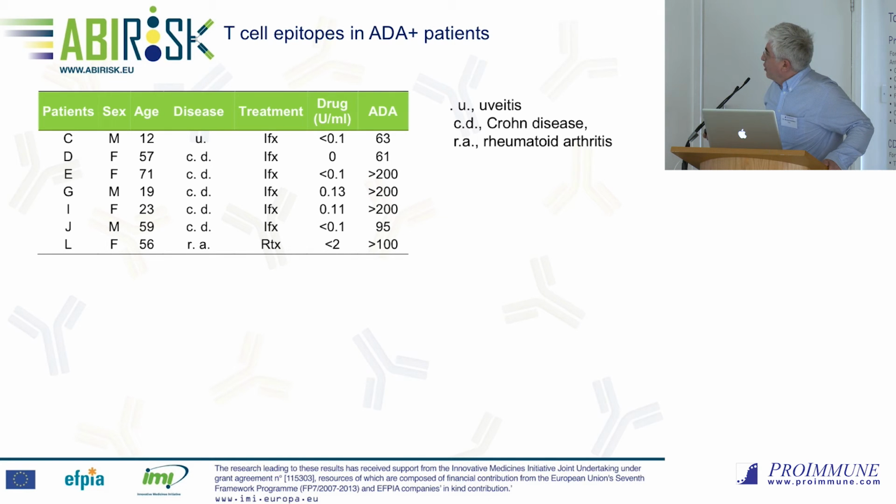One was positive, treated with rituximab, and you see the level of ADA, and the others were treated with infliximab, and we collected these donors from different diseases and different services in collaboration with clinicians.